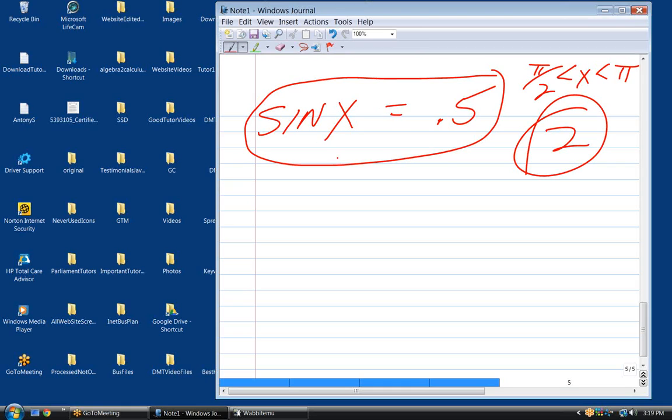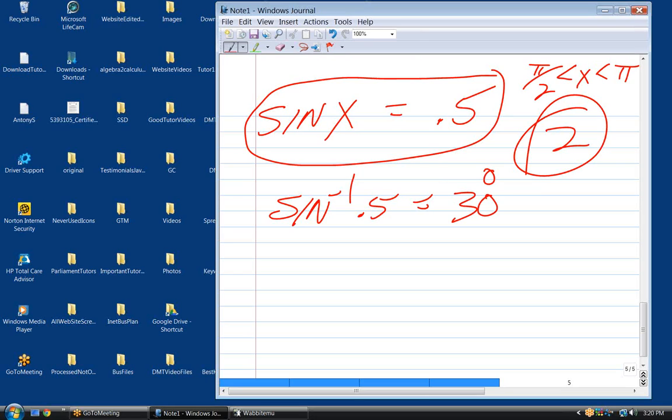If I want to solve for x here, what do I do? Take the inverse sine of 0.5. Okay, what's that? Good one to memorize. If you're going to memorize any trig function at all, memorize that the sine of 30 degrees is equal to 1/2. So that would be the first quadrant angle.